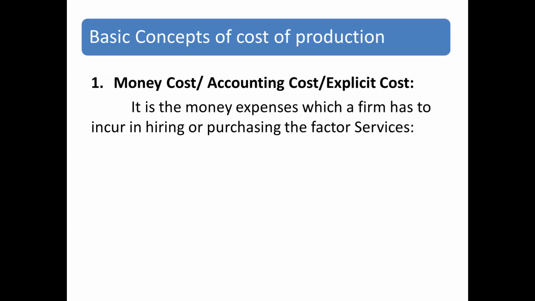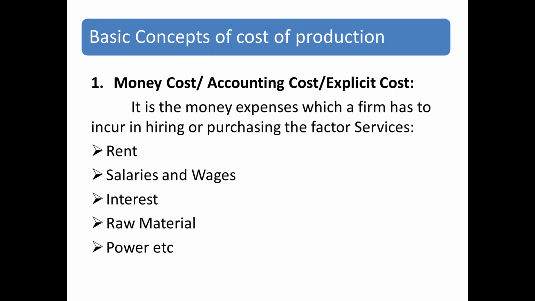Also, it includes non-factor payment as well, including raw material, power. This is also part of the money cost for which he makes payment. These are the examples: rent, salaries and wages, interest, raw material, power. So these are known as the money cost because payment is made for these.